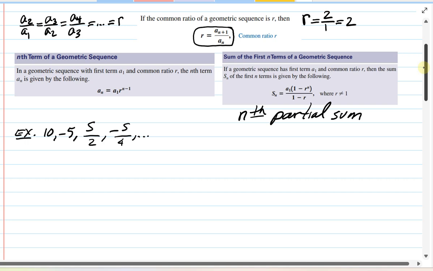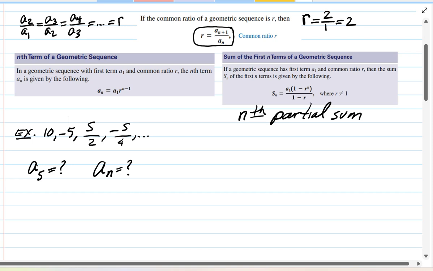I want to find the fifth term, a sub 5, and I want to find the general term. Using the general term formula, once we tailor it for my example and put the specifics in, I can find the value of any term. I can do the 50th term, the 100th term, the 1000th term, and so on.